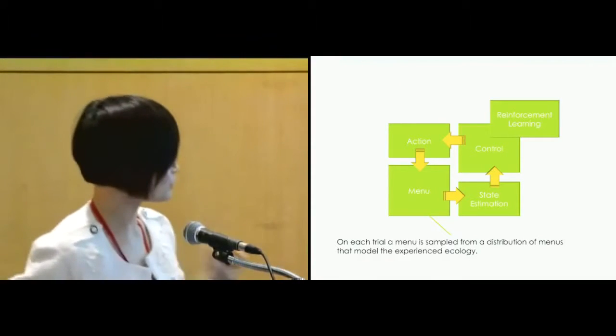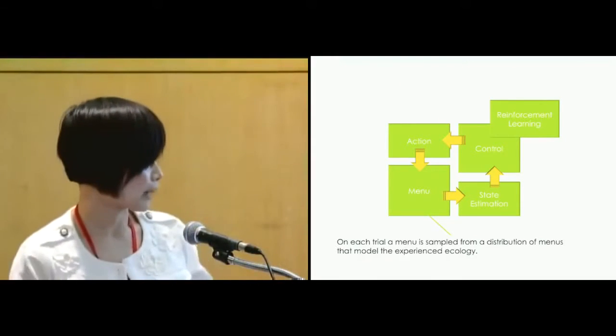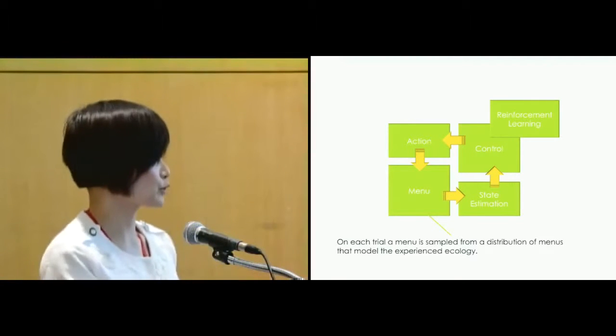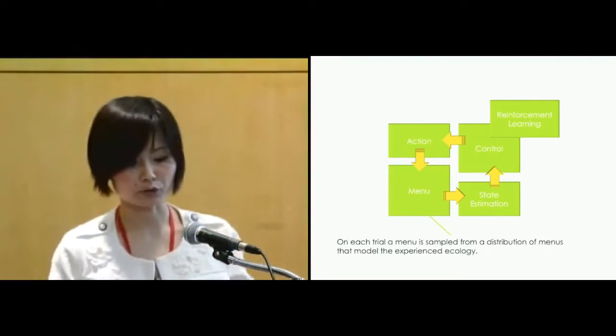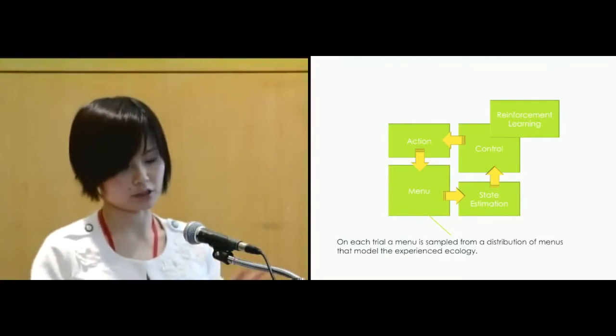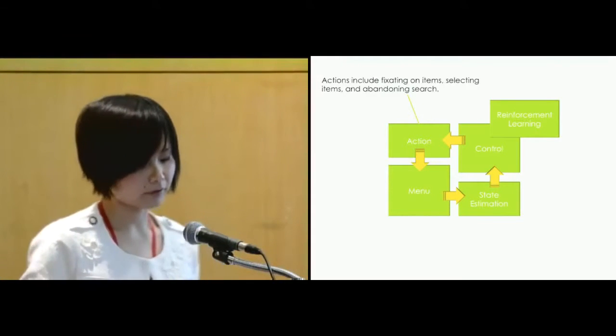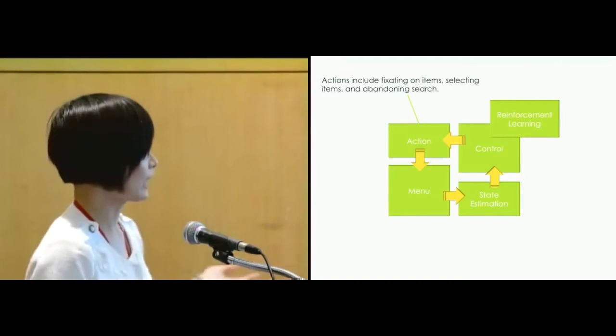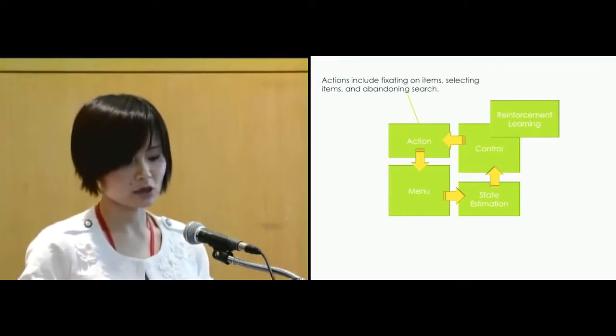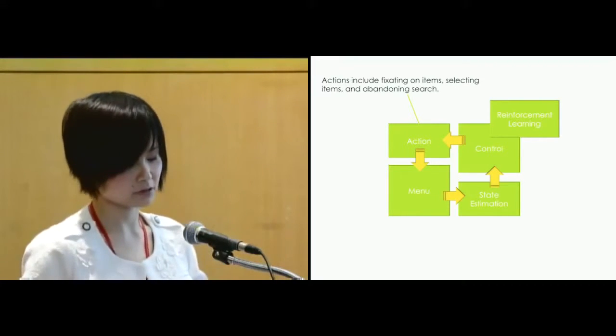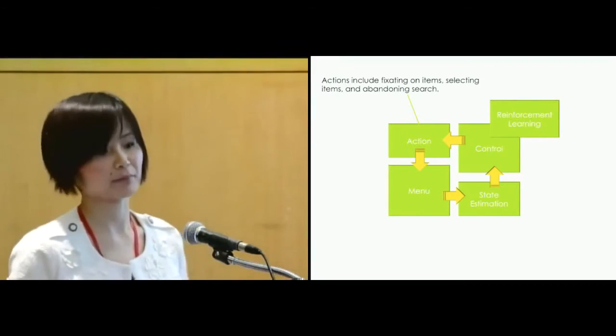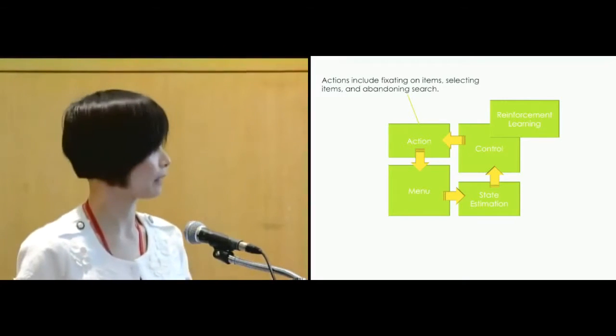In more detail, on each trial, a menu is sampled from a distribution of menus that models the experience ecology. The actions in the model include fixating on items, selecting items, or exiting the menu if they believe the item is not in this menu.